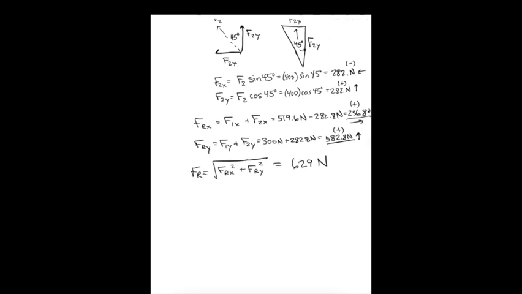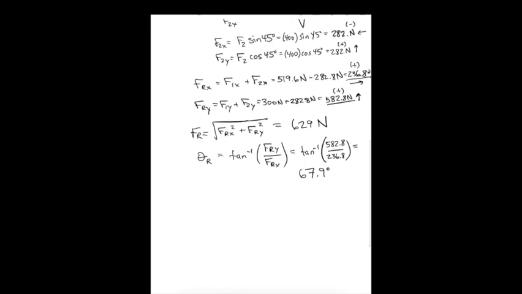But we don't know the direction yet, and that's where we need to find theta. But we know that theta of the resultant is equal to the inverse of the tangent using the ratio of FRy and FRx. So we have those values already. Plug them in. And when we do that, we're going to get a value of 67.9 degrees.